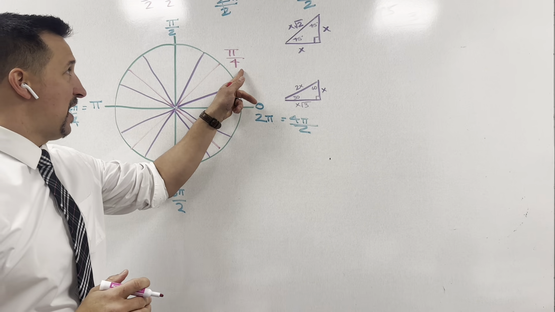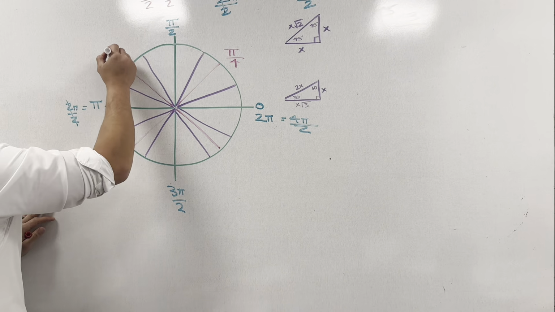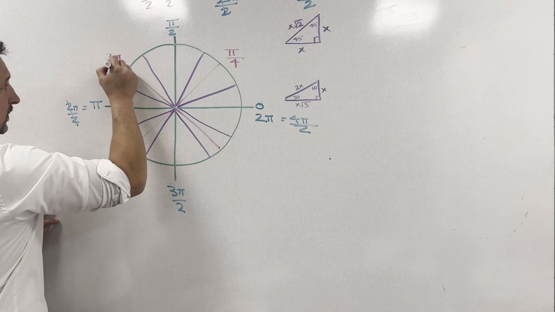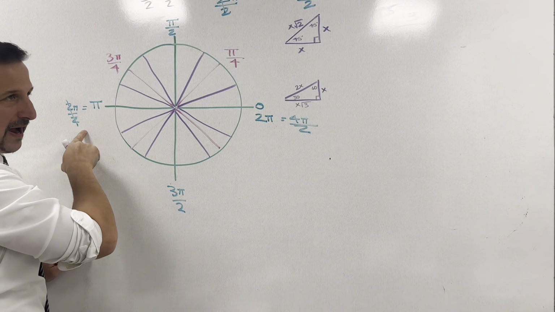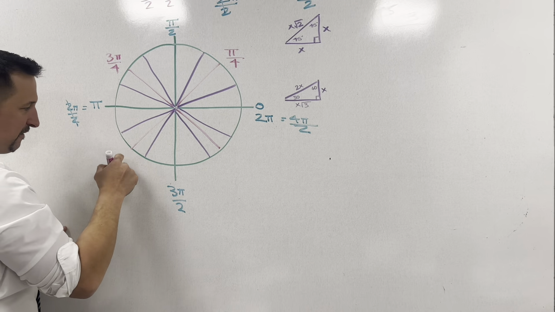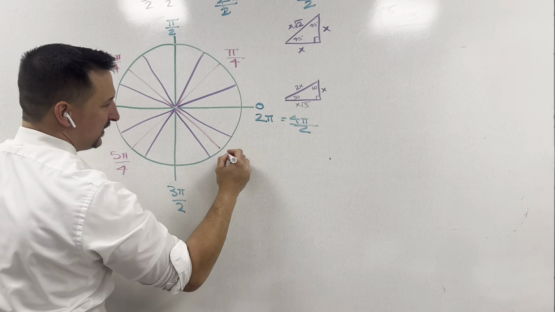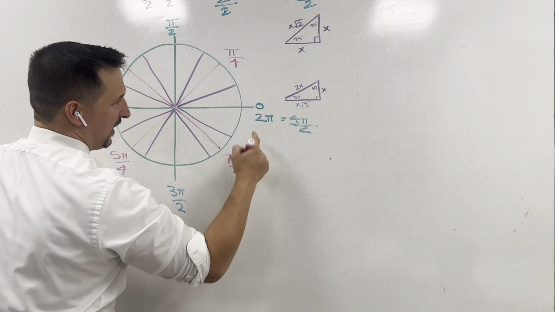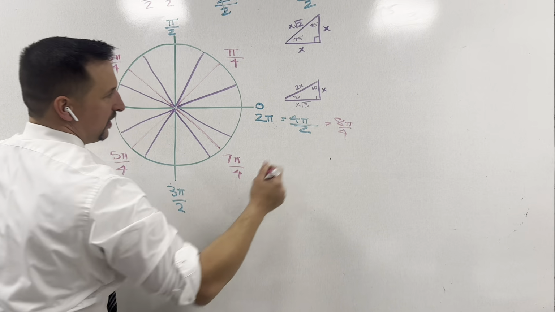I have 1 pi over 4, 2 pi over 4, which is pi over 2, 3 pi over 4, 4 pi over 4, which is just pi, 5 pi over 4, 6 pi over 4, 7 pi over 4, 8 pi over 4, which is the same thing as 2 pi.